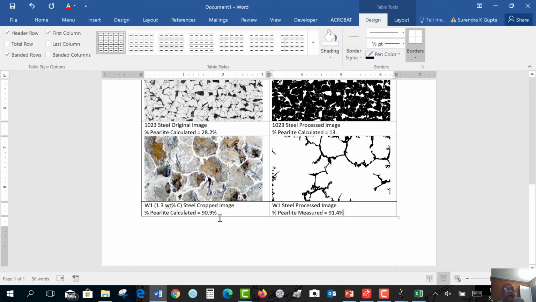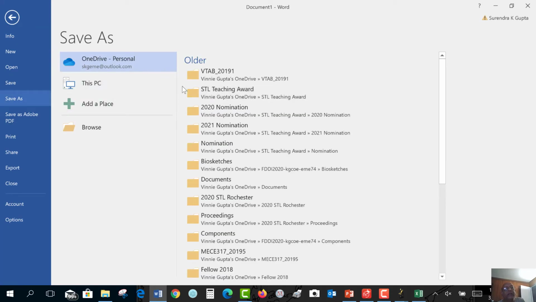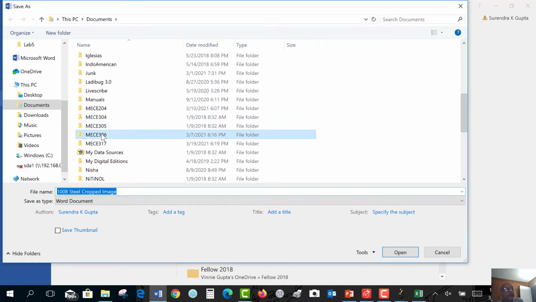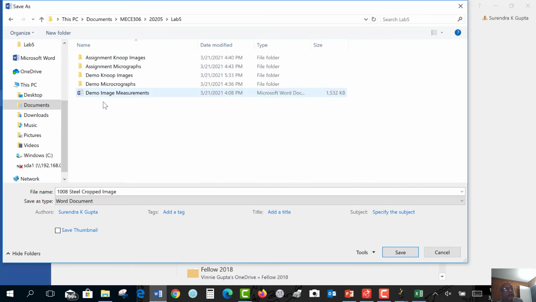So in this case, we got pretty close to what we calculated, but again, it was just a coincidence. Remember, we know that we overestimated the amount of perlite here. So I'm going to save this file, save as, and let's just suppose we say trial.